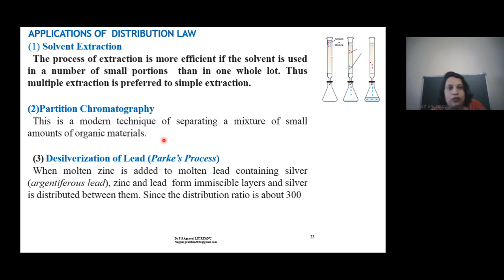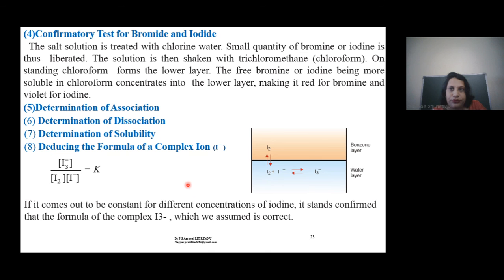One layer is mobile and the second is a stationary phase. So the solute passes across the mobile phase and it can be separated through the column. The column can be continuously washed. Then the desilverization of lead, which we have already seen in the previous talk.